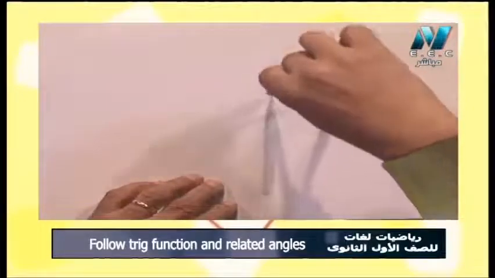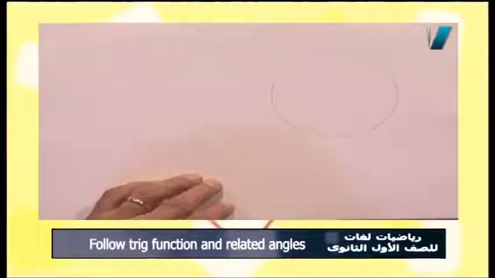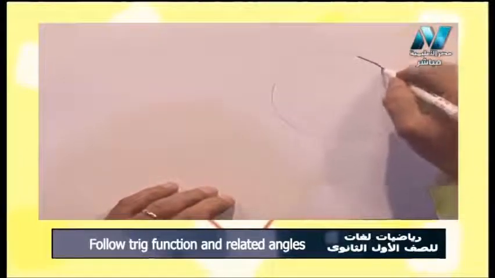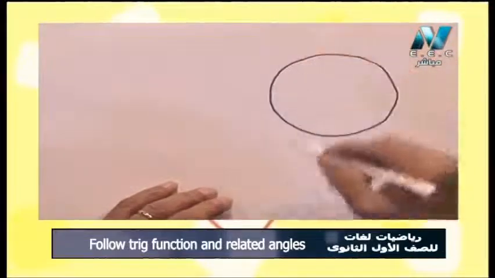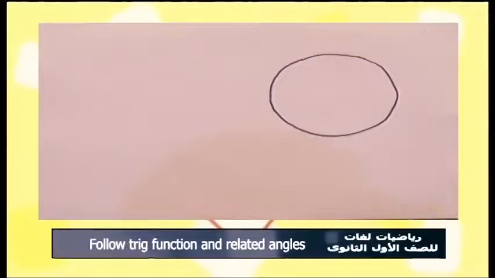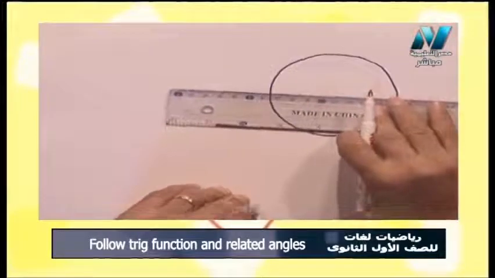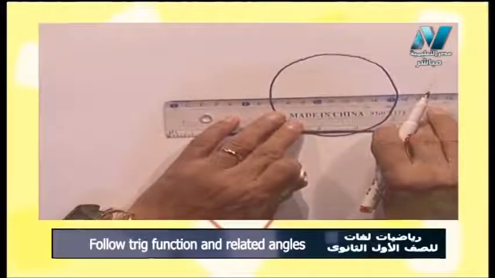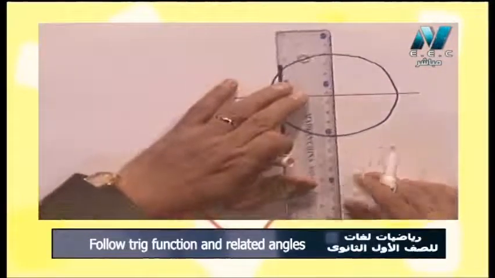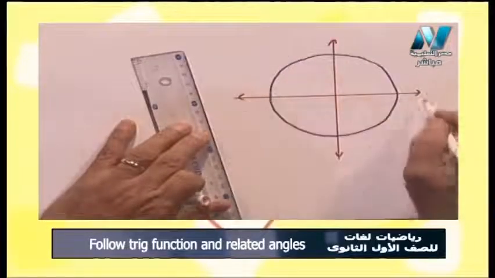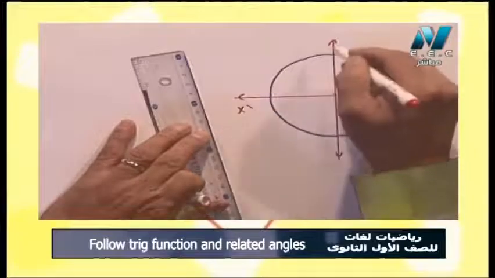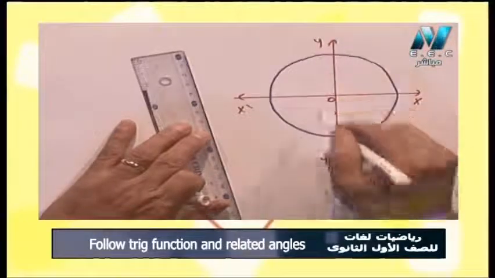We have the unit circle, and we have the x-axis and y-axis intersecting at the origin point like that. This is x-axis, x dash, y, y dash, and this is the origin point.